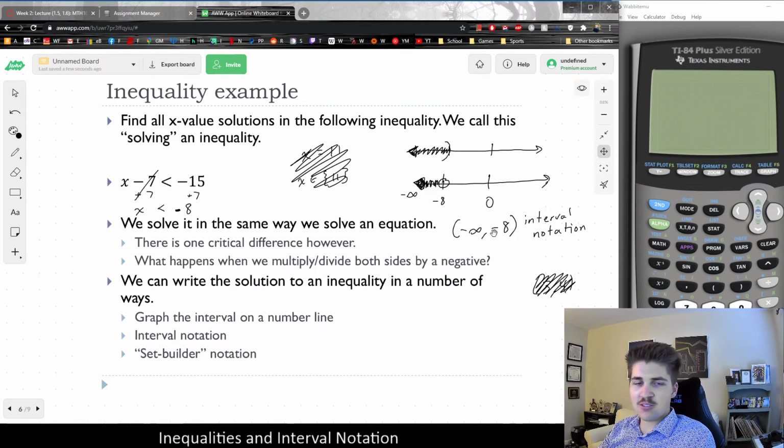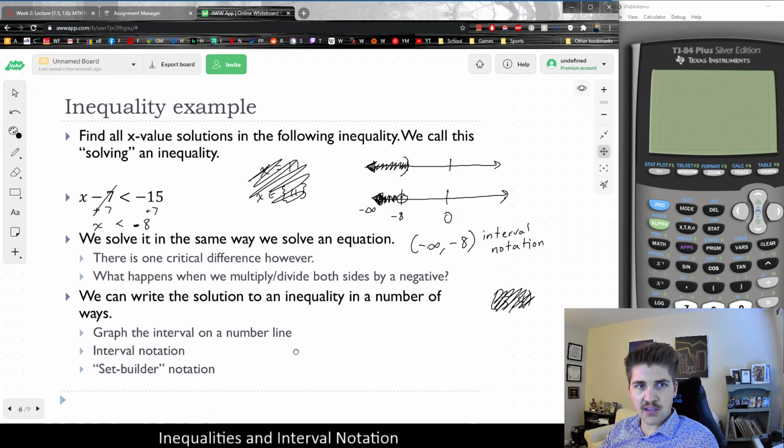So this just means the same thing as this: everything smaller than -8 with no limit upon that. And the last way we might often write it is with what some people call set builder notation, or just set notation, which is basically just taking the inequality and translating it to a mathematical set. So if I write it like this, x is the set of numbers such that x is less than or equal to -8. This would be how we would write it using set notation.